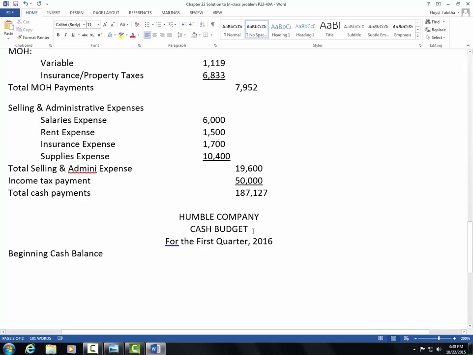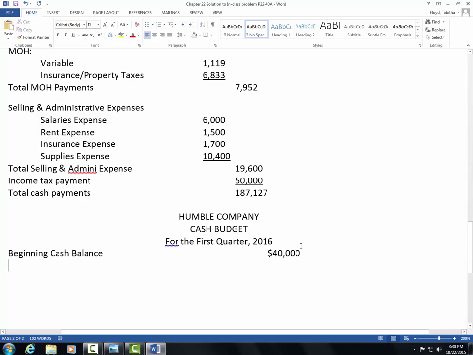So our beginning cash amount for 2016 would be the ending amount of cash we had for 2015. Part G tells you that ending cash for 2015 was 40,000. So that's going to be our beginning cash amount.